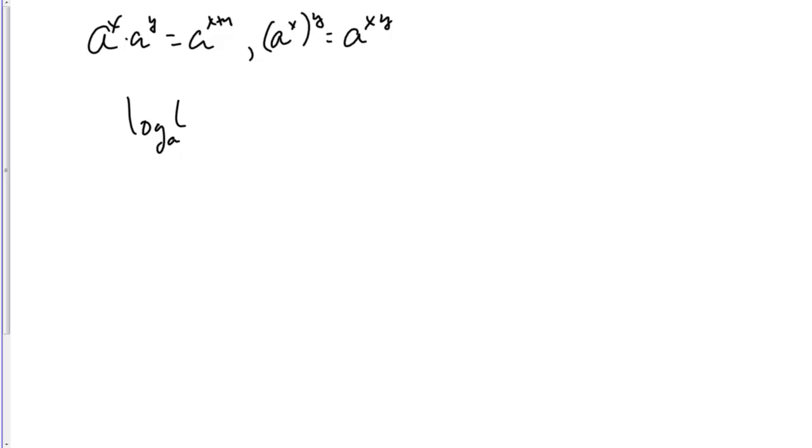Looking from the logarithm side, we had all those rules of exponents. a to the x times a to the y is a to the x plus y. a to the x to the y, let's just look at these two, would be equal to a to the xy. Logarithms have analogous rules. If we had log base a of xy, this one will be very analogous to the first rule. It turns out to be log base a of x plus log base a of y.